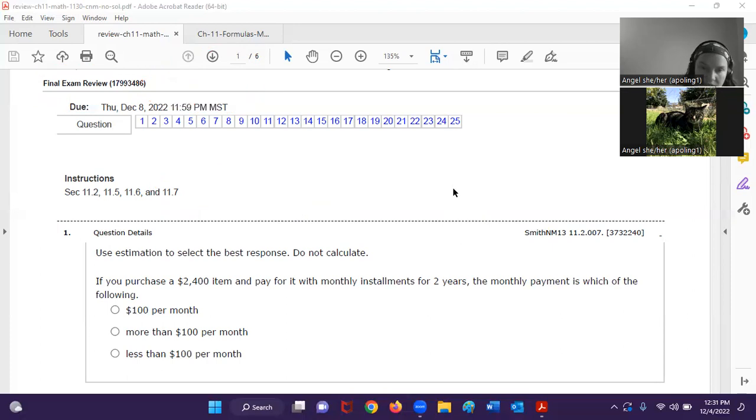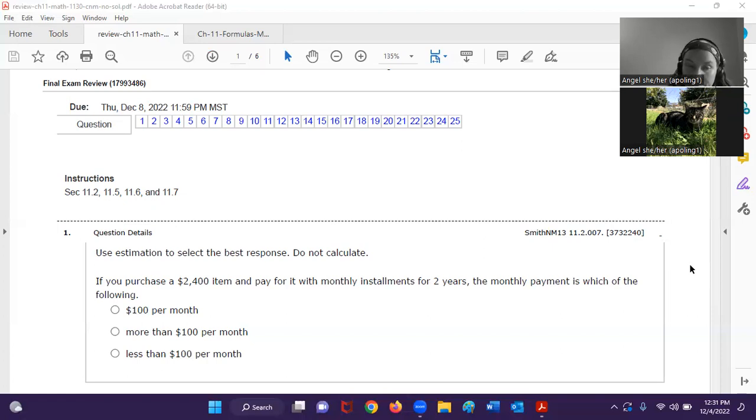Okay, so let's take a look at our first question. Use estimation to select the best response. Do not calculate. That's always a tricky thing. So if you purchase a $2,400 item and pay for it with monthly installments for 2 years, then the monthly payment is which of the following conditions?